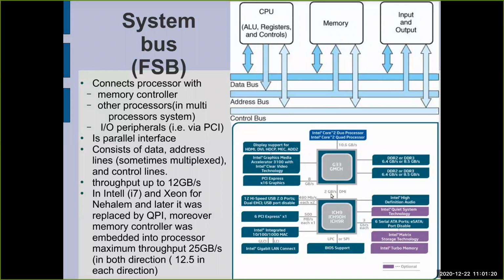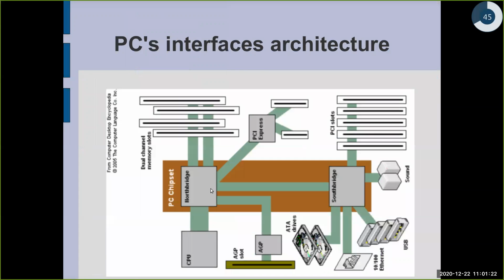And it is connected to something which is called a North bridge. The North bridge was the bus controller which governed the bus. It was, let's say, a kind of master or supervisor of the bus.